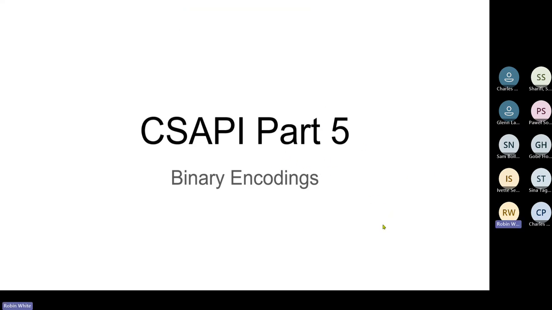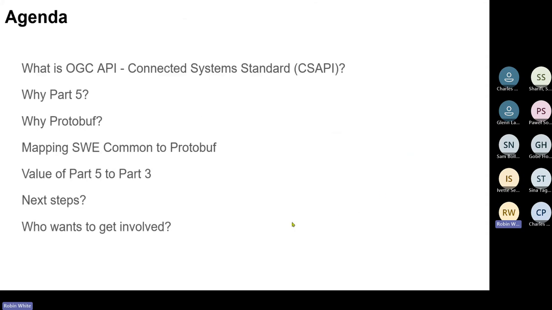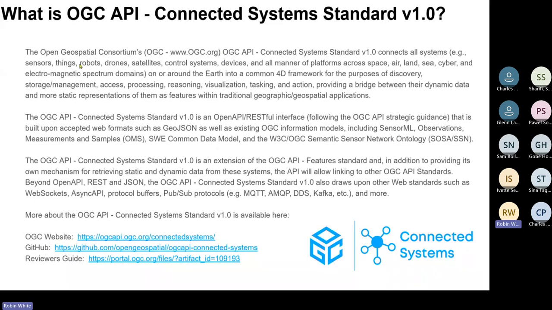Okay, so this will be somewhat foundational, but hopefully there will be information that is useful to at least some people here. I'm going to assume some basic understanding of the Connected Systems API broadly, but I'll have some fundamentals slides up during the process either way, just general things I expect most people in this call to know already, like what the OGC API is.